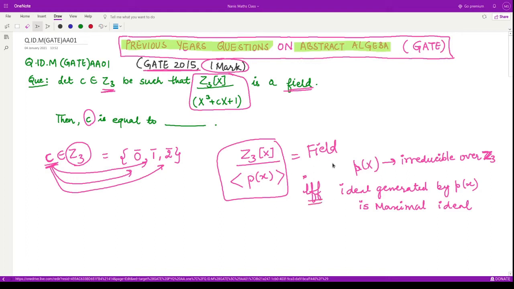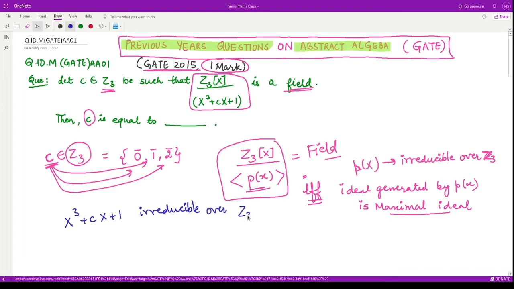If this thing is a field, that means we have some maximal ideal such that the corresponding polynomial P(x) is irreducible, and conversely, if a polynomial is irreducible, then the ideal generated by that polynomial is a maximal ideal, and hence that structure forms the field. So accordingly, here we are given this is a field, so the polynomial x cube plus cx plus 1 should be irreducible over Z3.